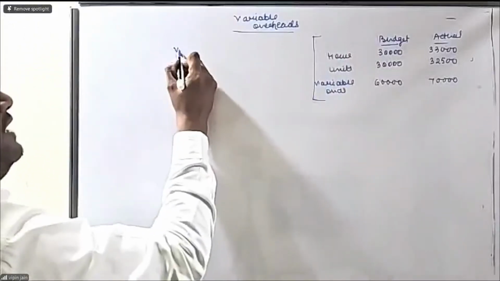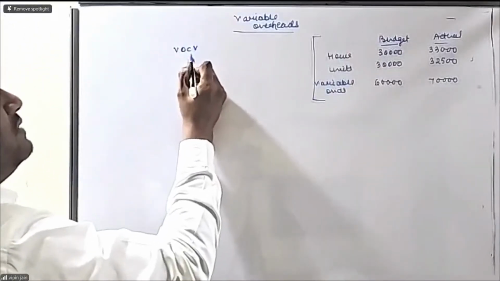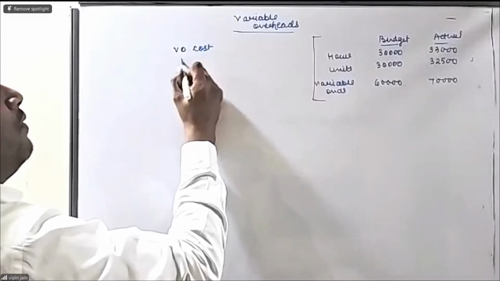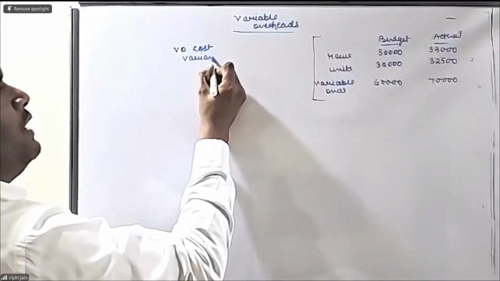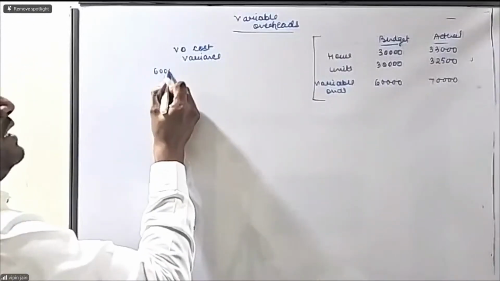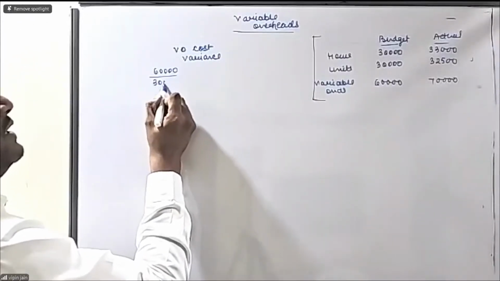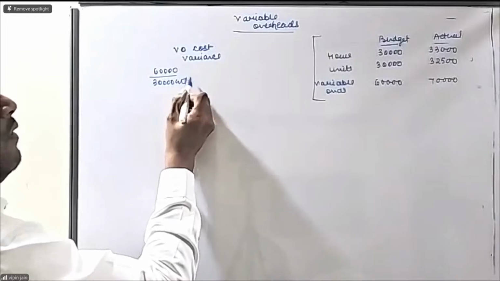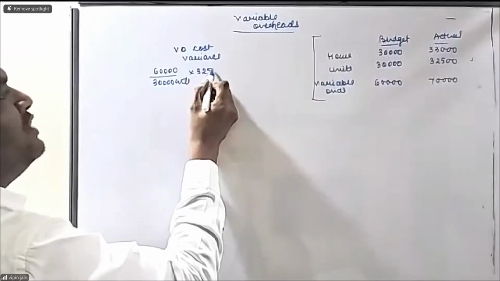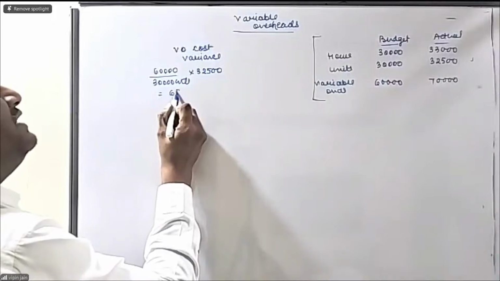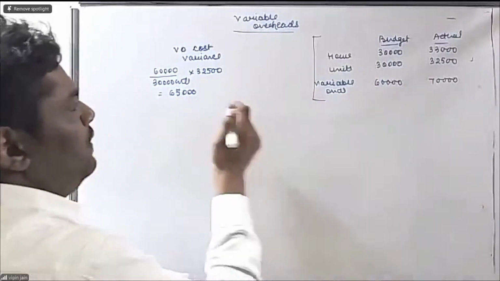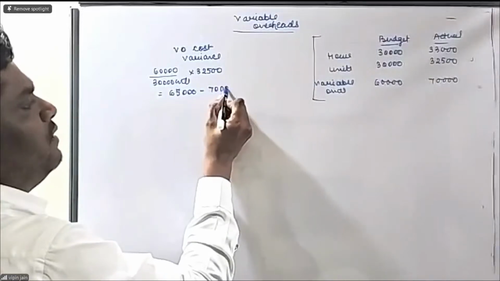Now, first one is variable overhead cost variance. Again, it talks about under or over absorption of overhead. So 60,000 overheads for 30,000 units, so for 32,500 units, how much? 65,000 are my absorbed overheads, and my actual overheads are 70,000.